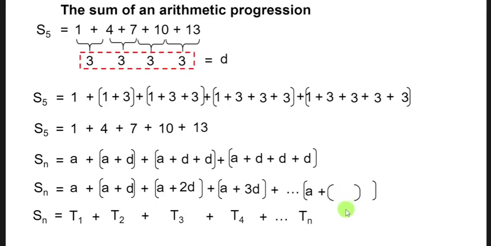So we'll say open brackets, n minus 1, then times D. So n minus 1 is the one that we should multiply with D in order to come up with the formula for finding the nth term or the last term.